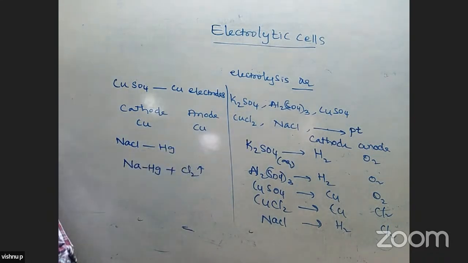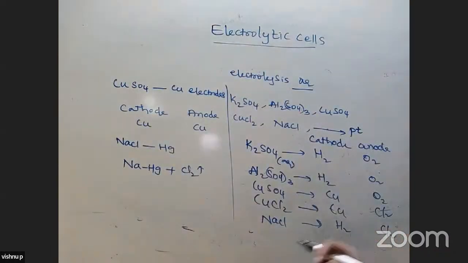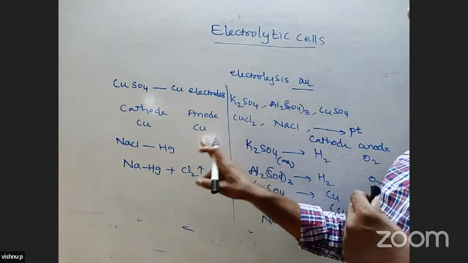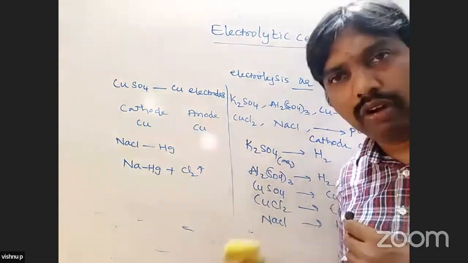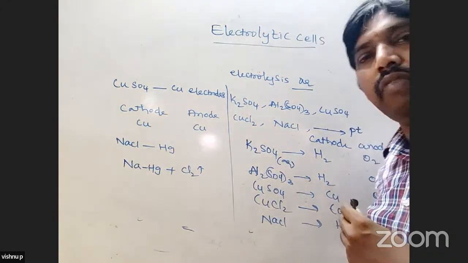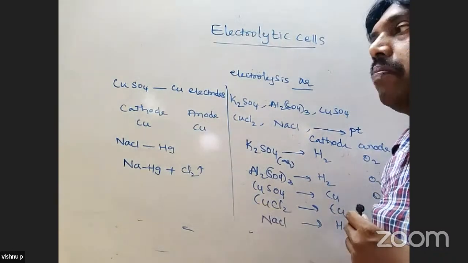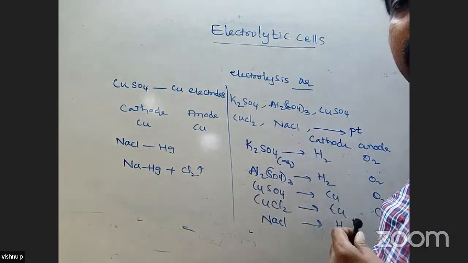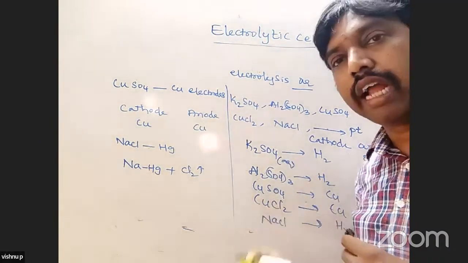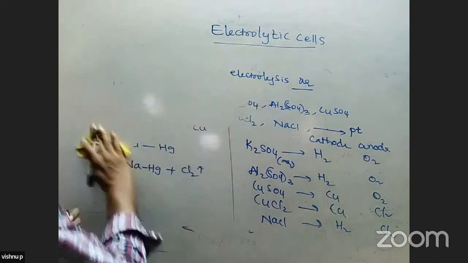So if you use active metal electrodes, that active metal is what reacts at the anode. Copper shows more tendency to lose electrons than sulfate, so copper goes into solution at the anode, and the copper ions are reduced and deposited at the cathode. So these are the different products at anode and cathode in electrolysis.